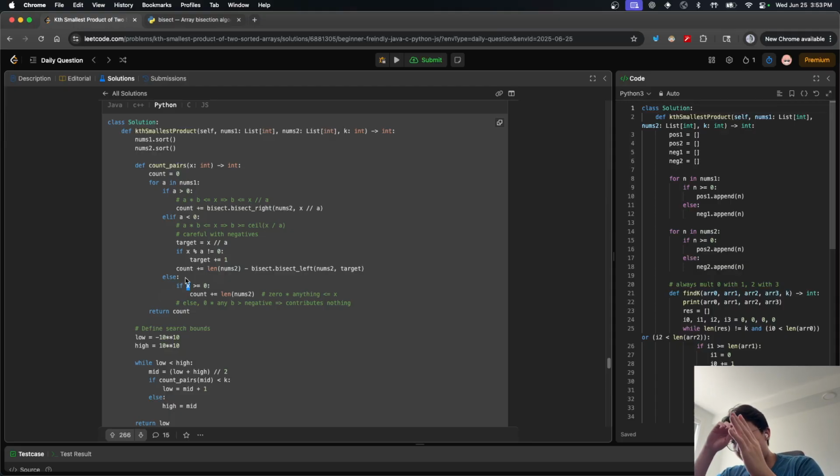We want to include that element, boom, and then we take everything to the left. Now, if the element is less than zero, we find the element to the left, and we also include that one. So we go to the left of that target and grab everything to the right.